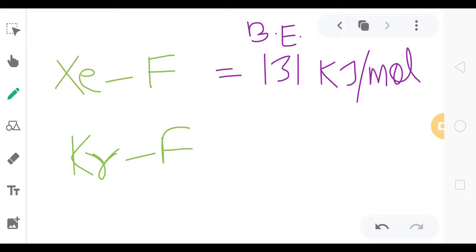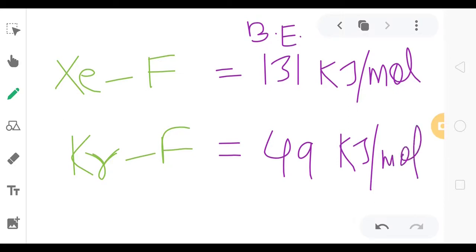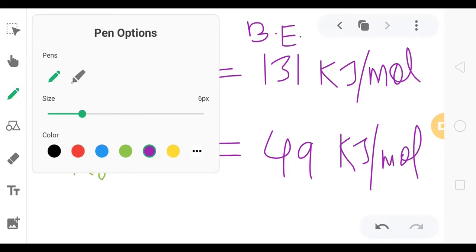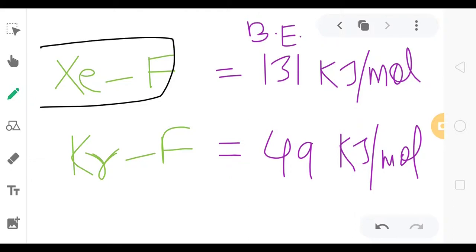So for xenon fluoride, you have to give 131 kilojoules per mole to break this bond, while in the case of krypton, it is 49 kilojoules per mole. So you can see how much stronger the xenon fluoride bond is.